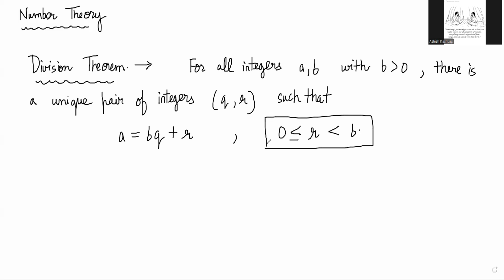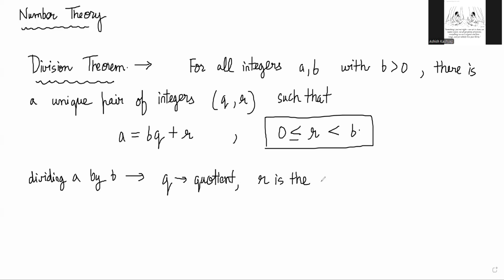Here what we are doing is we are dividing a by b, and we are getting q as the quotient and r is the remainder. And you can see that the condition says that the r value must be between 0 and b, right?